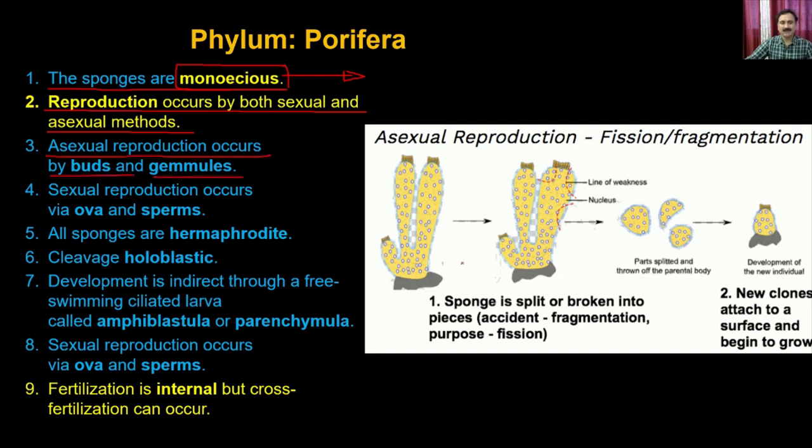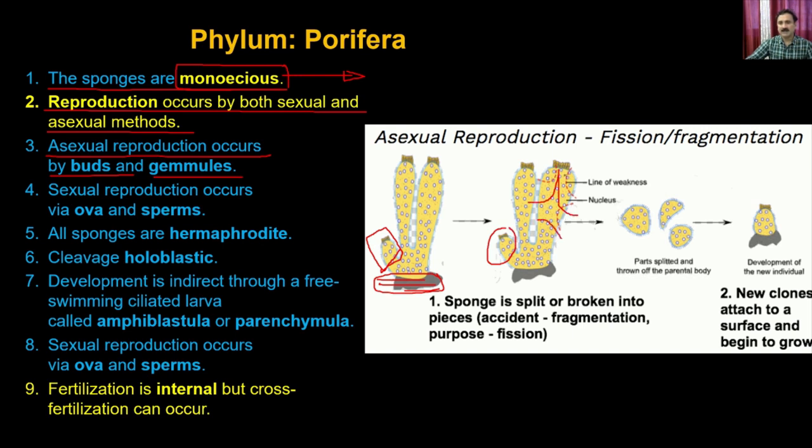So what happens is, as I said, sponges are attached to the rock, and then you have the sponge bodies. When the sponge body is branching and debranching, one of the branches can get broken down. For example, suppose this branch, or this main body, is broken down into multiple pieces.